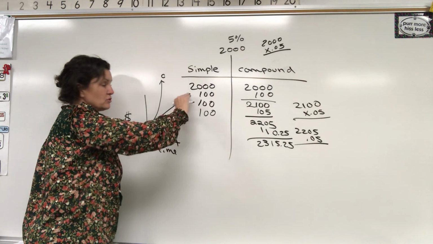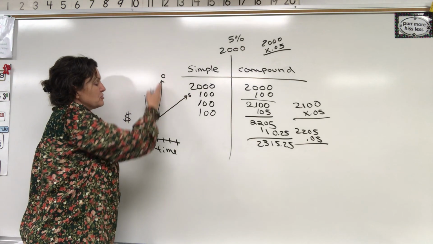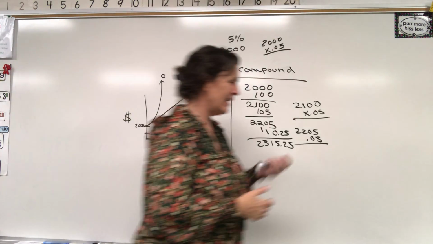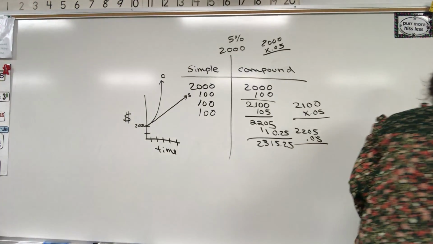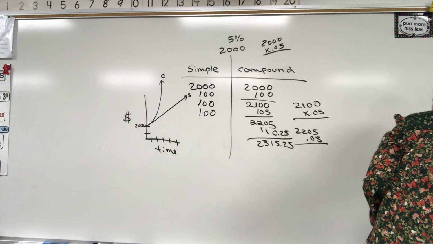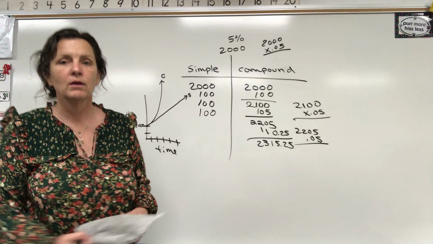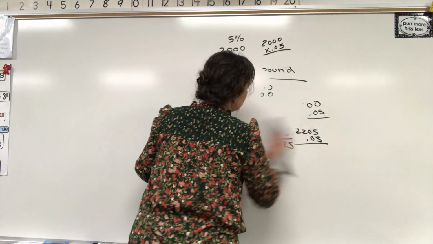This one's growing linearly in the shape of a line, but this one's growing in this beautiful curve. Cool beans. Let's get started and talk about how to use the formula to determine the amount of money that we have at a certain rate, at a certain time period, under what terms, okay? So I'm going to erase, and we're gonna get started.